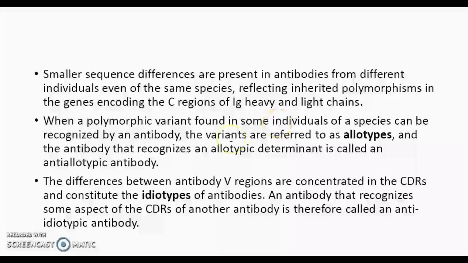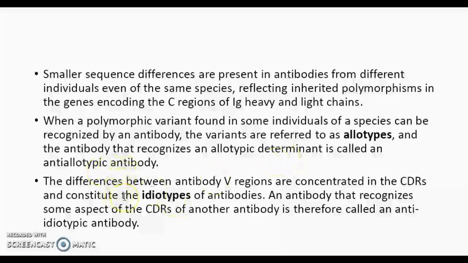When a polymorphic variant found in some individuals of a species can be recognized by an antibody, the variant is referred to as an allotype, and the antibody that recognizes an allotypic determinant is called an anti-allotypic antibody.